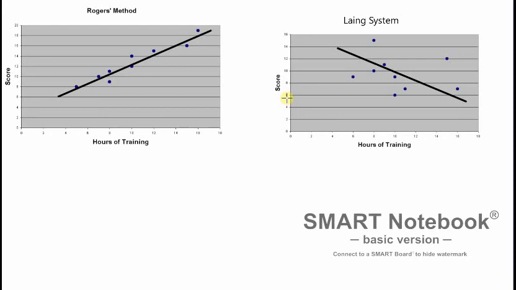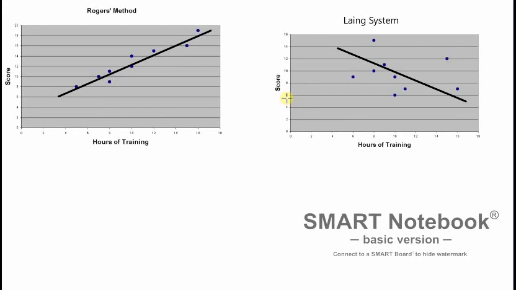It simply talks about how closely the data comes to modeling a line. And as you can see here, when I put a line of best fit very quickly on the Rogers method scatter plot, those dots collectively are pretty close to that line. They vary some, but they're pretty tightly connected to that line.